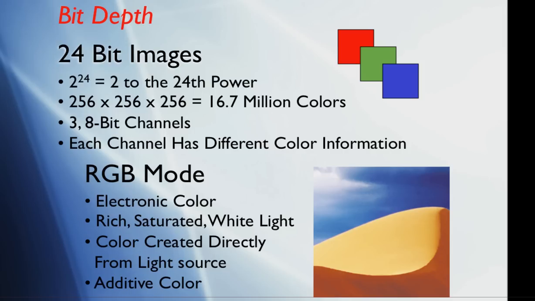And notice I purposely am trying to put this together in a way that you can see the logic of how we move from simple images to more complex images. A 24-bit image is 2 to the 24th power. So again, 2 times 2 times 2, 24 times, and you are going to end up with approximately 16.7 million.